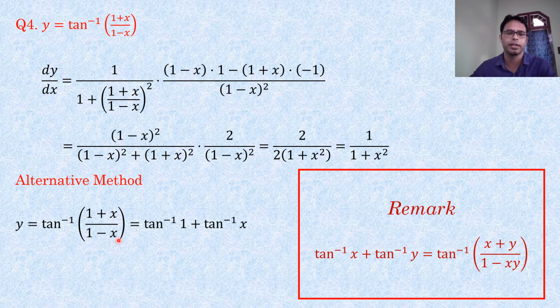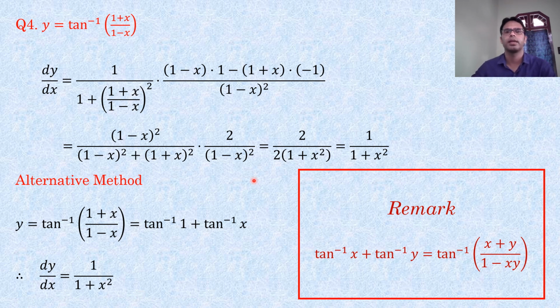It will be like that. So it is simply tan inverse first one plus tan inverse second one, and tan inverse 1, this result is pi by 4, this is a constant term actually. So dy dx of the constant term pi by 4 will be 0, need not write there, and tan inverse x derivative is 1 by 1 plus x square. So you may use this method also.